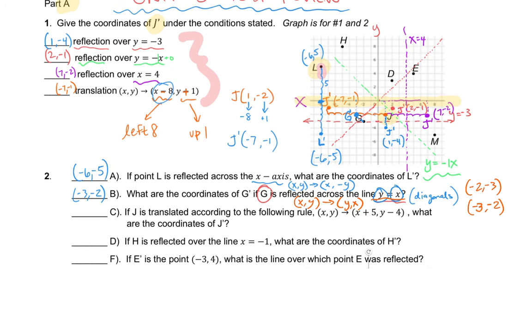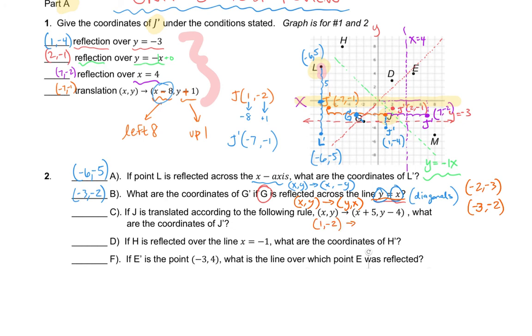Part C: if J is translated according to the rule, what are the coordinates of J prime? Since my graph has gotten so messy, I'm just going to apply the rule to the coordinates of J. I know from the last question, part 1, that the coordinates of J are (1, -2).